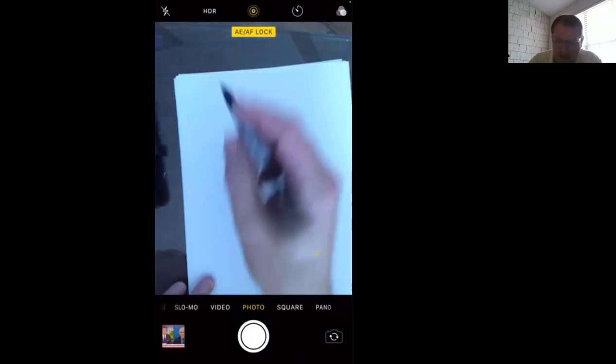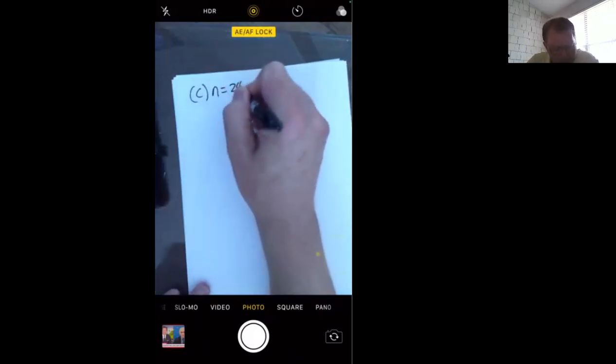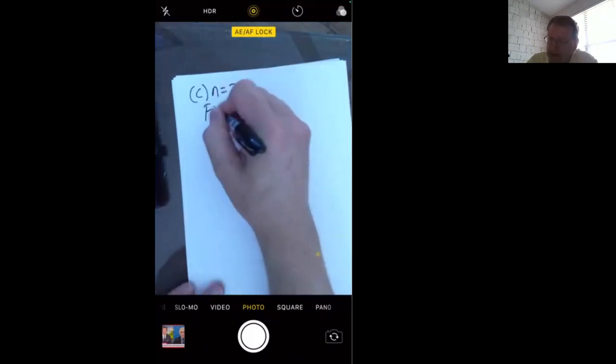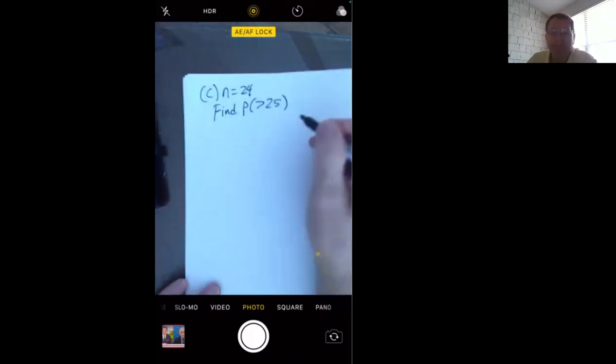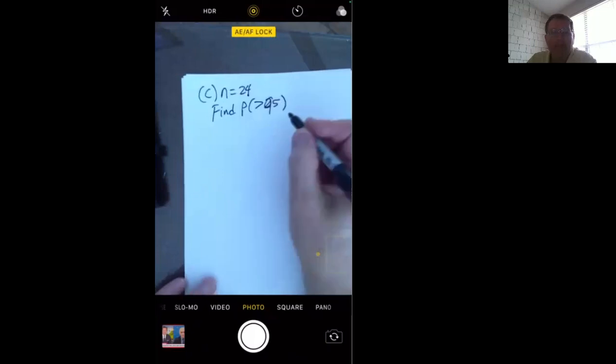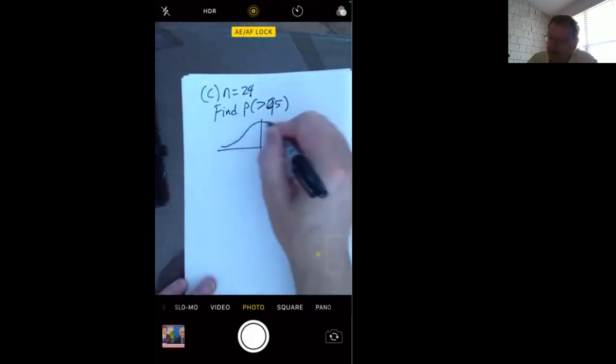Part C, now it's a sample of 24. And the same question, find greater than 95. You can keep drawing the same picture.